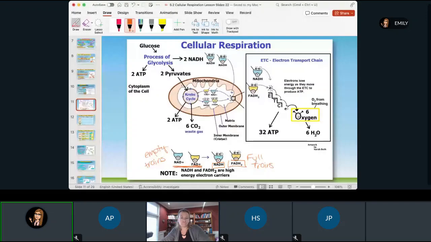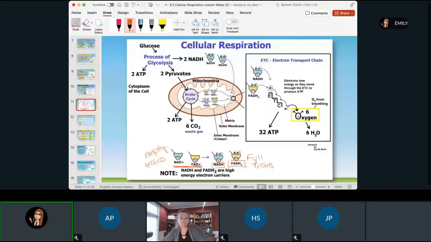Now, I had somebody ask in yesterday's class, I'm having trouble remembering what the empty train is called. How do you remember NAD plus? Well, if you know the full train of NADH, that train's job is to transfer hydrogens and electrons.